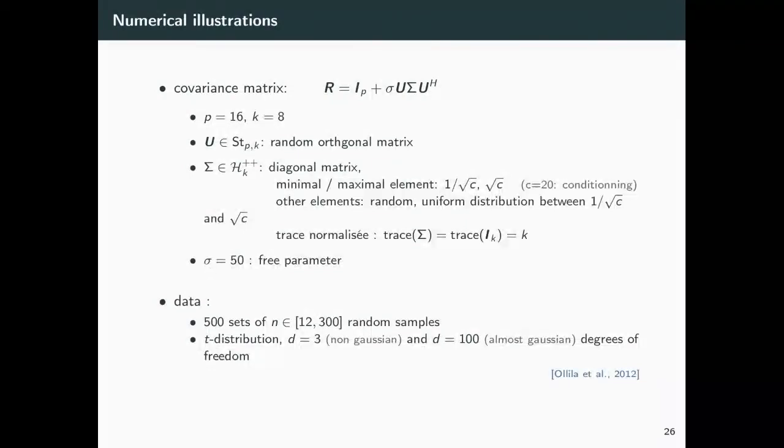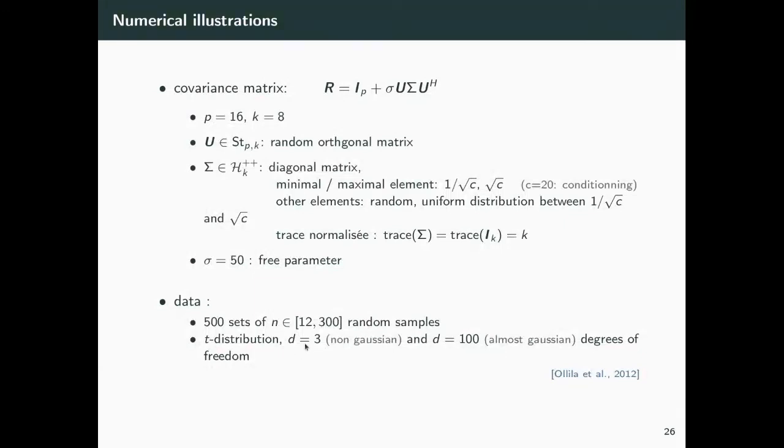And we have done 500 Monte Carlo runs over sets of randomly generated samples, with the samples generated according to the T distribution, with 2 different values of degrees of freedom.